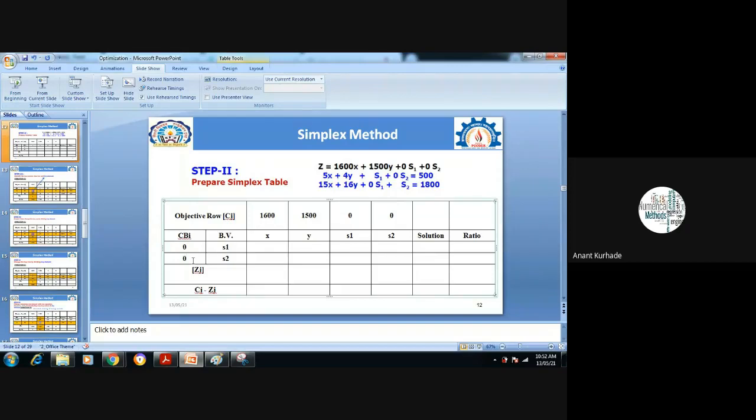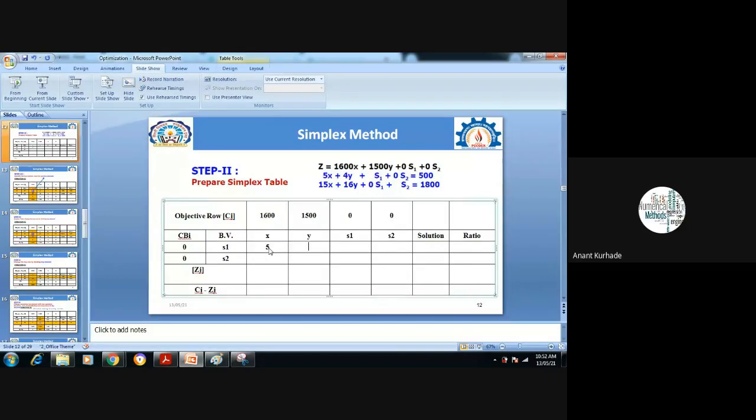Now we will think about your first constraint. Here the basic variables are x, y, s1, s2. Your first constraint starts from this x. What is the coefficient of x from your first constraint? 5.